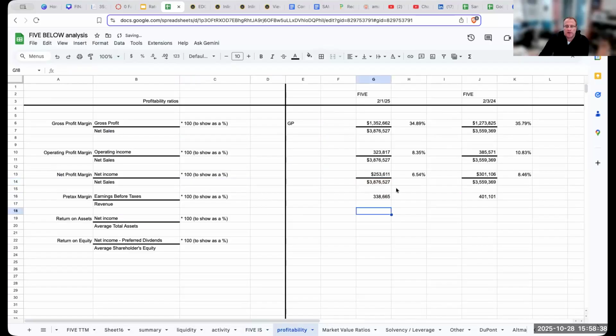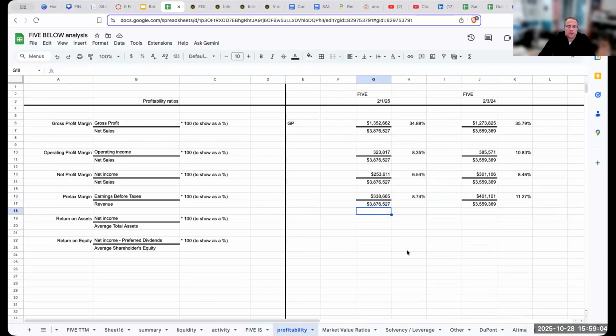I'm going to divide this by the same thing, which is my total revenue. And when it comes to percentages, this is going to be slightly higher at 8.74% and then 11.27%.